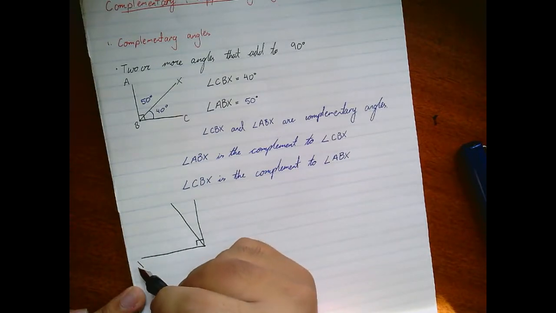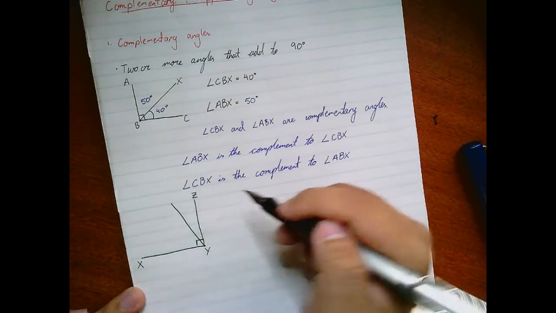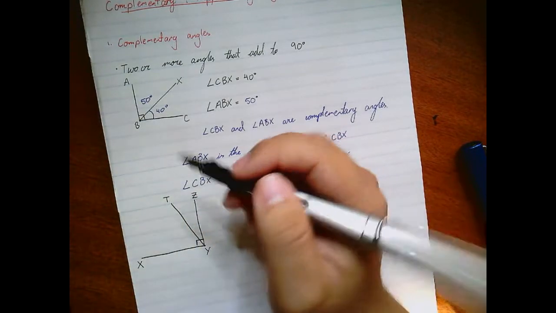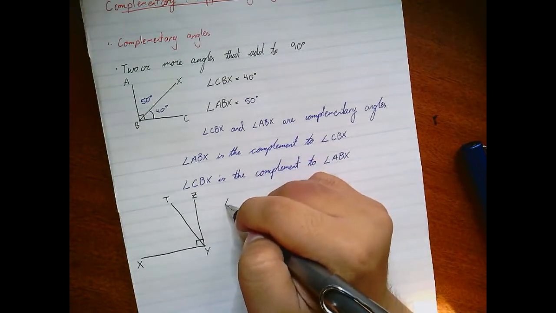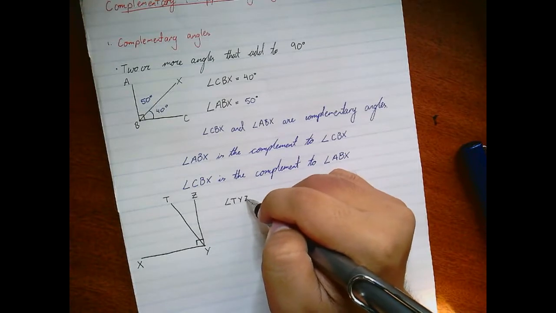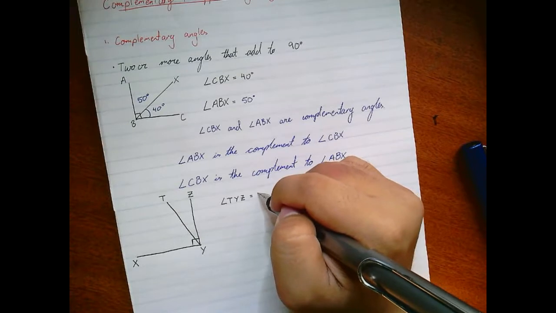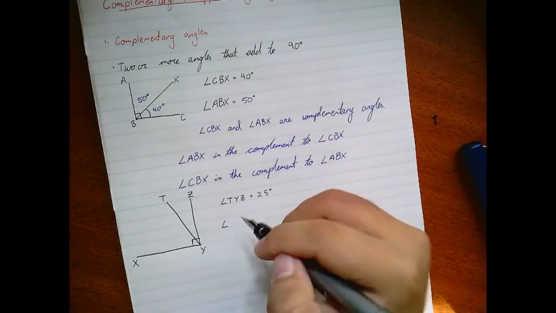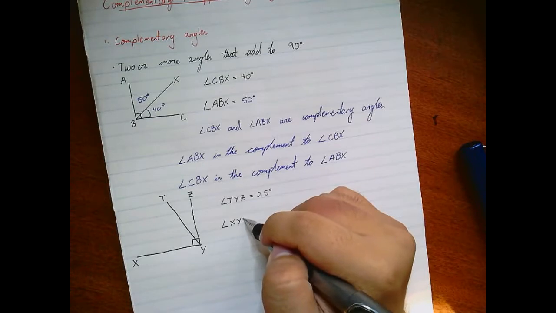So we have X, Y, Z. Gonna label that point T. Now if I told you that the angle T, Y, Z is equal to 25 degrees, what is angle x, y, t equal to?